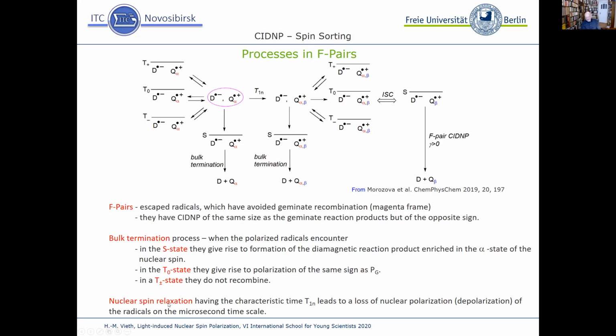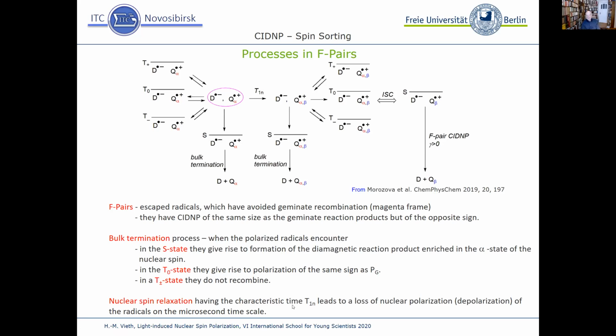So everything is superimposed. And in addition, we have the thermalization of nuclear spins in the radicals.